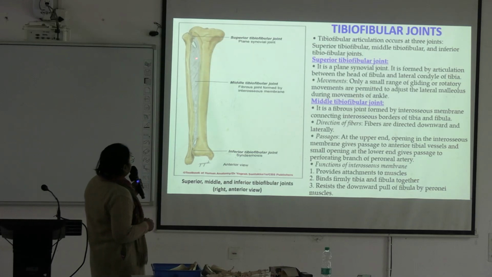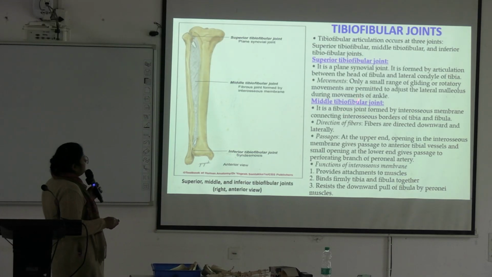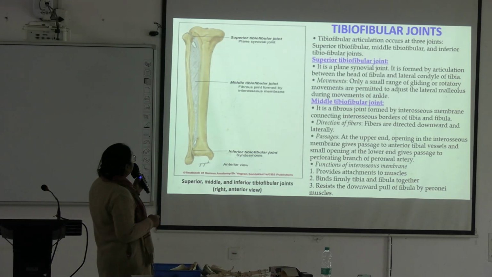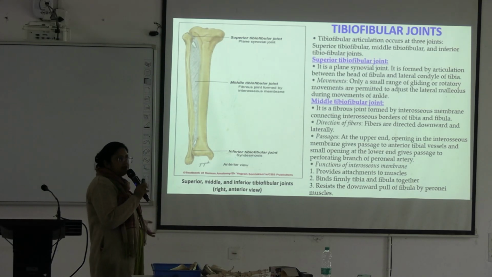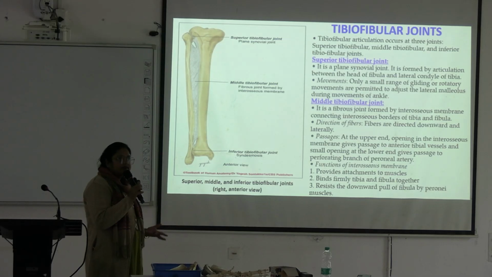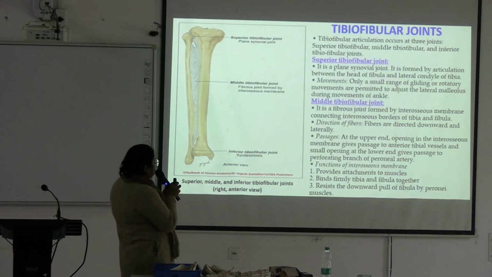Next we are going to the middle tibiofibular joint. Remember, the superior tibiofibular joint is a plane synovial joint. The middle tibiofibular joint is a fibrous joint formed by the interosseous membrane. The type of joint you will be very frequently asked during your bones viva, and it can also be given in your OSPE and in X-ray plates.